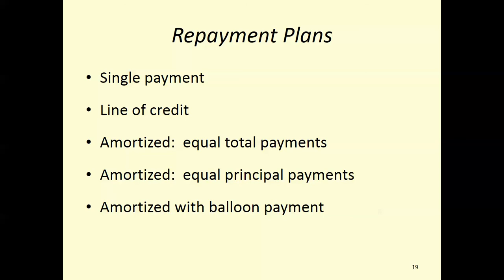If you have a loan that is amortized by equal principal payments, it will actually start bigger and decrease as time goes on because you are decreasing the principal at a faster rate, and therefore your interest is lower. You can also amortize with a balloon payment.